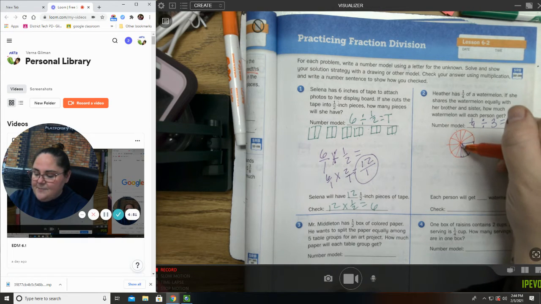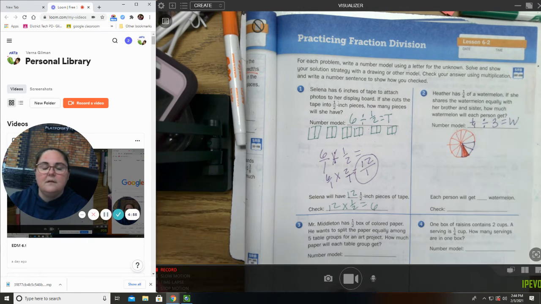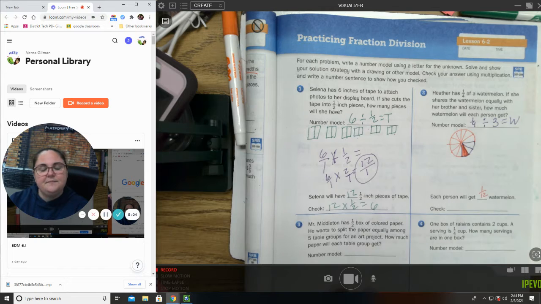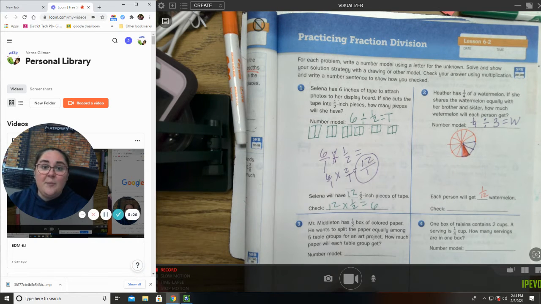If I get this piece right here, how much of the watermelon am I eating? Your answer should be 1 over 12. That's how you would draw a picture for this problem.